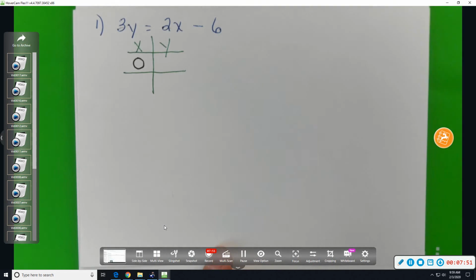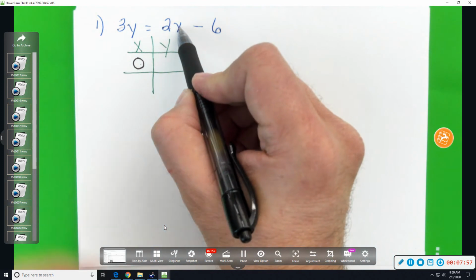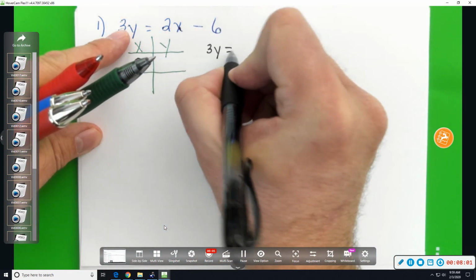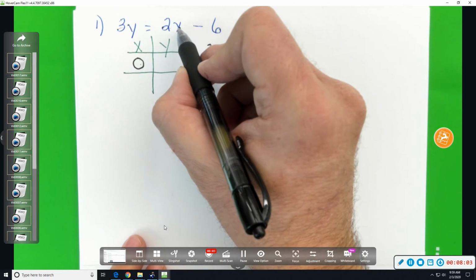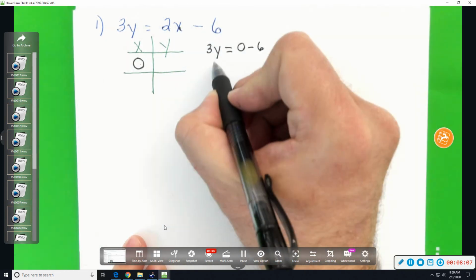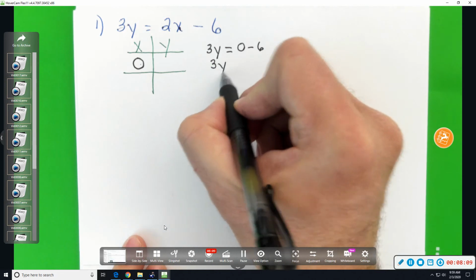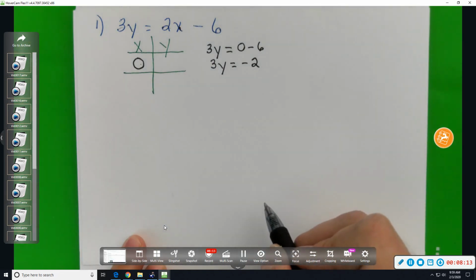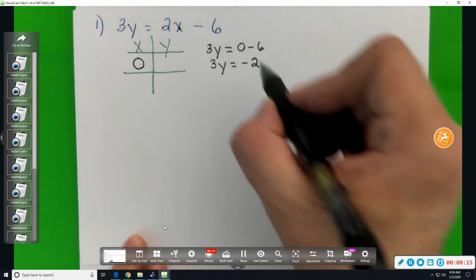Okay. You plug 0 in for X and figure out Y. So let's see. If I put a 0 in for X, I have 3y equals 2 times 0 is 0 minus 6. So 3y is negative 6.